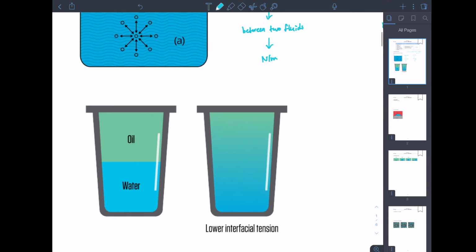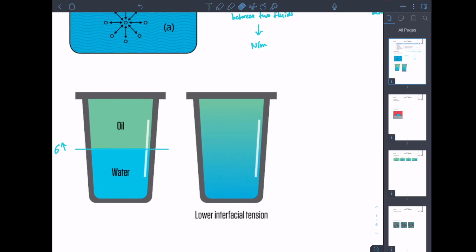When we have a clear interface, it means that the sigma is high to cause this clear interface. While when we have lower interfacial tension, it's hard to visualize a clear interface, so sigma over here is low.